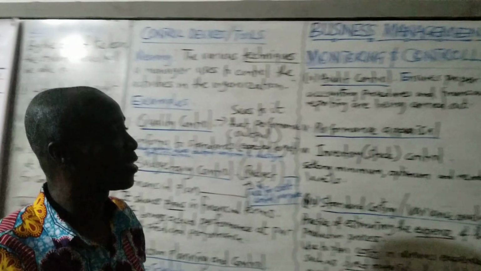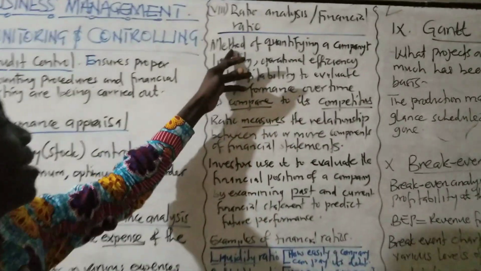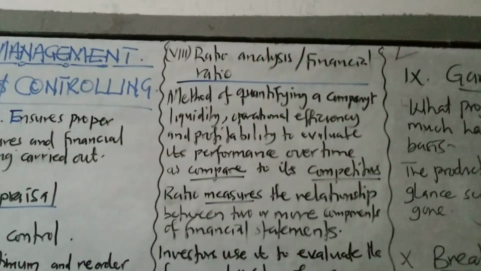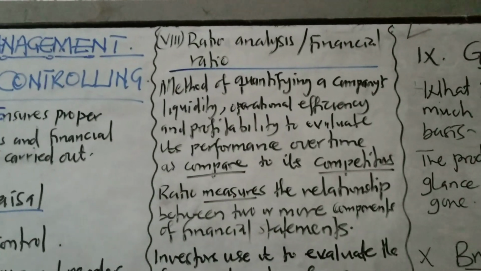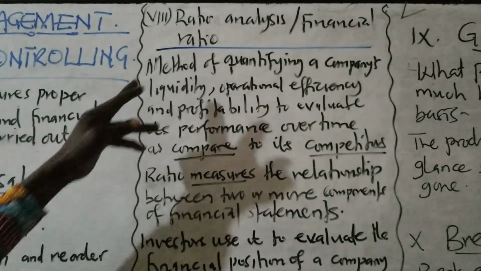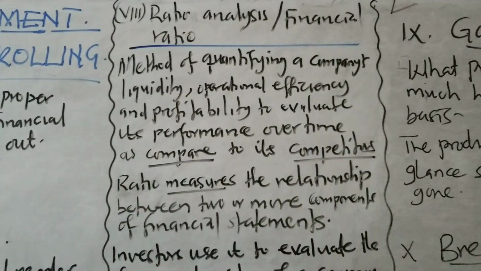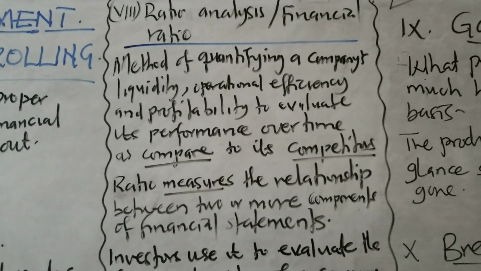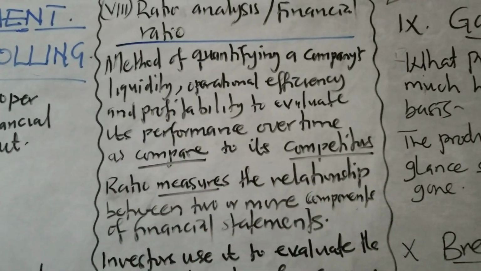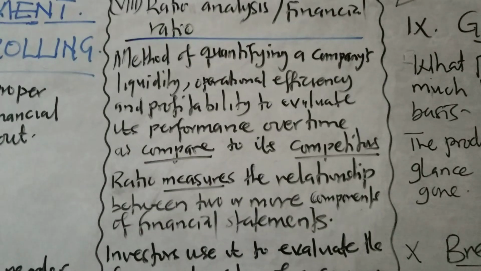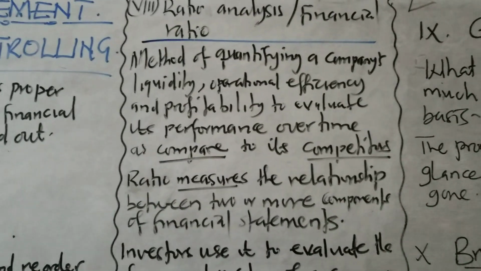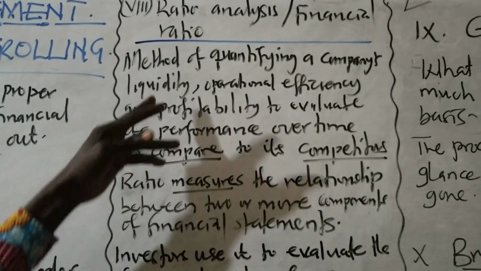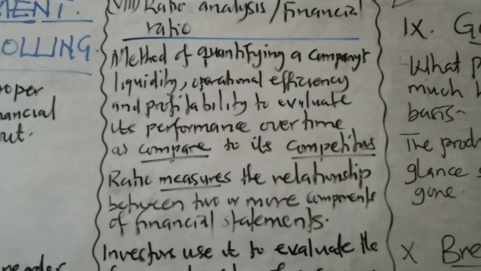So I said when you say ratio analysis or financial ratio, it is a method of quantifying a company's liquidity. So the first one, you quantify, you put in monetary terms, you put in figures the company's liquidity.